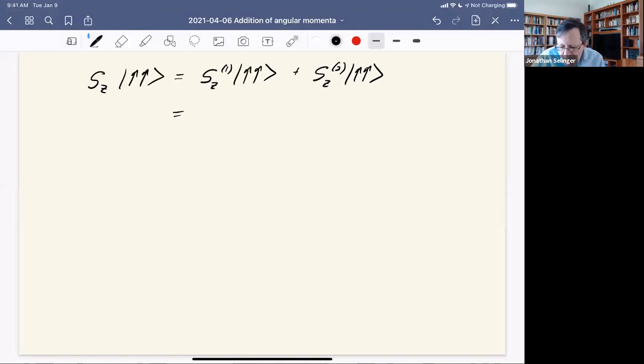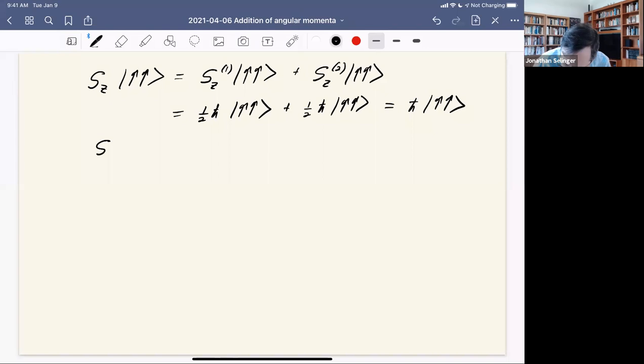We know each of these. SZ1 acting on up, up is a half h bar times up, up, because it cares about the first spin. SZ2 acting on up, up is a half h bar times up, up, because it cares about the second spin. So we just add those two things, and that makes h bar times up, up.